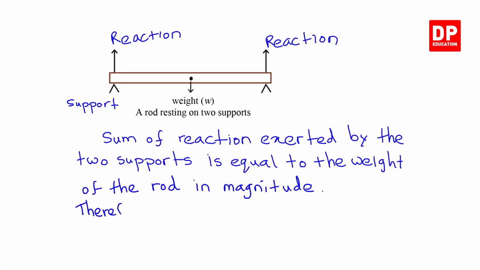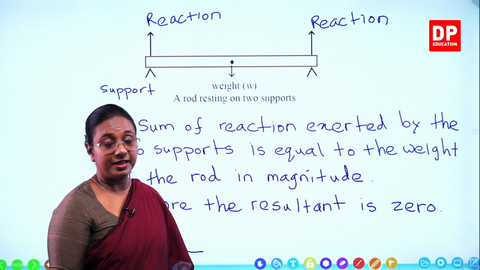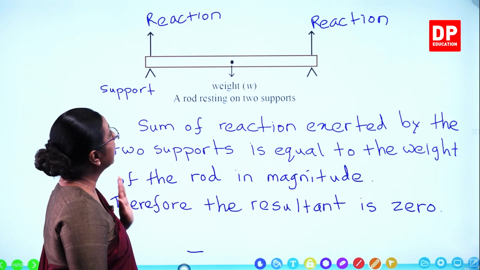Therefore, the resultant is 0 and the system is in equilibrium. So that is this example.